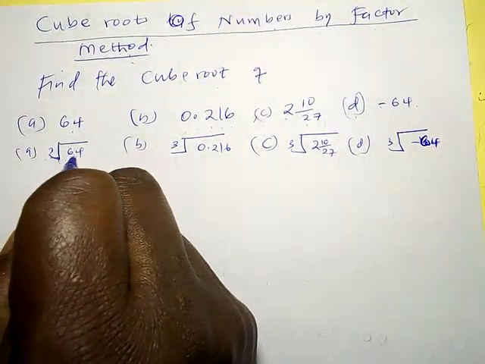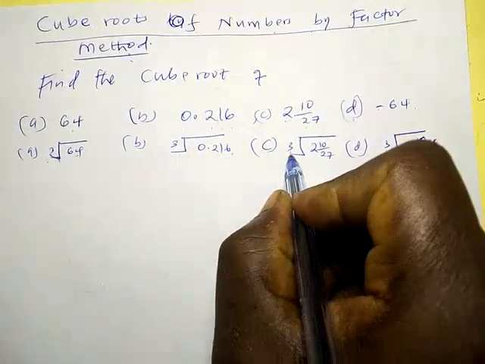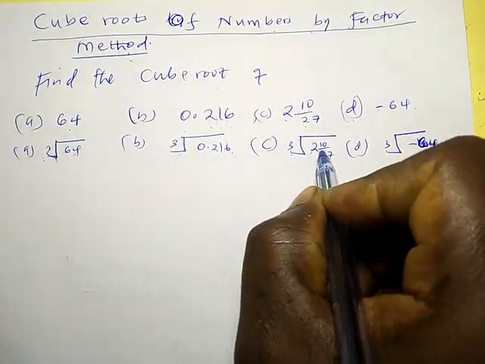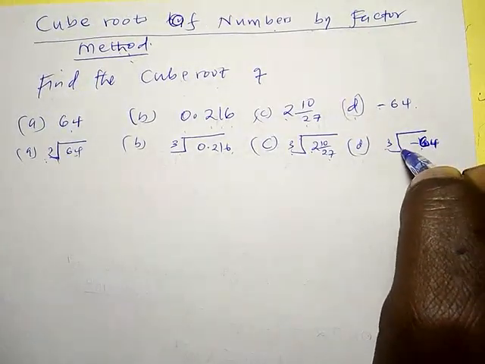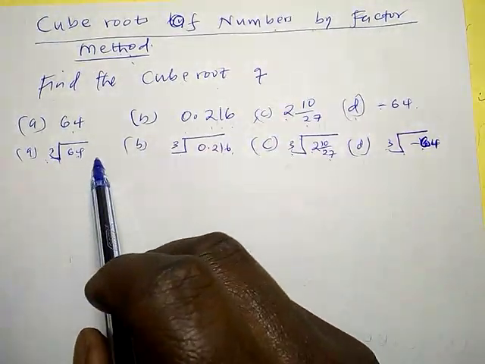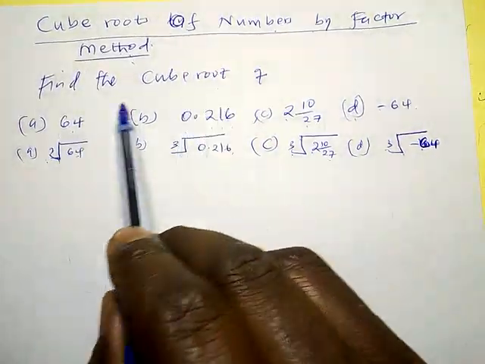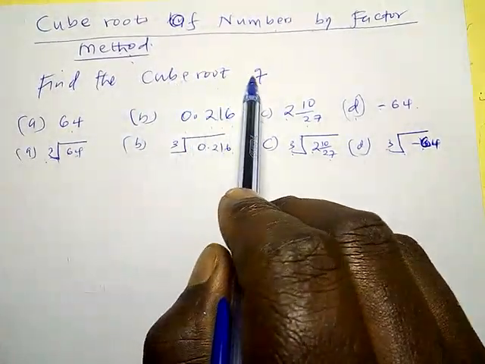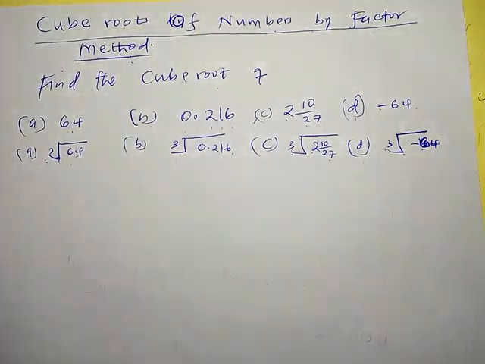So this simply means the cube root of 64, the cube root of 0.216, the cube root of 10/27, the cube root of negative 64. You can be asked like this, or asked to find the cube root of this. So let us begin with number A.